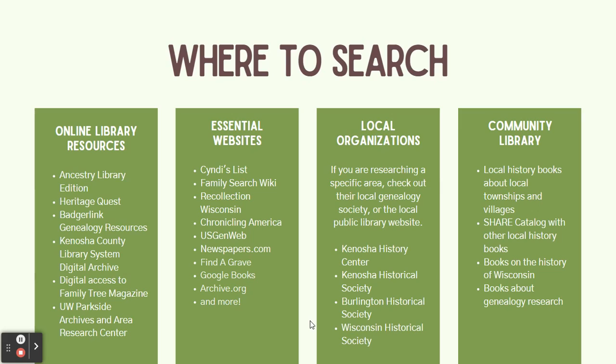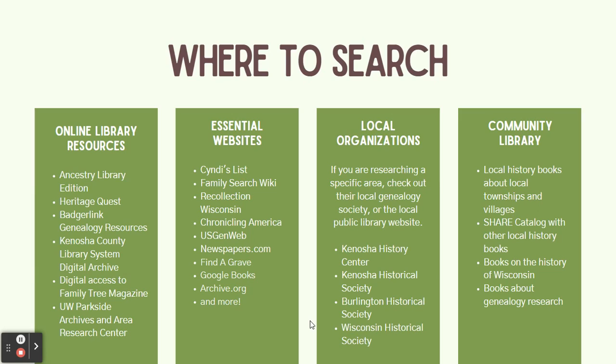And there's a couple of fun essential websites. One is Cindy's List. This is an index of genealogy websites. If there is a genealogy website, it is probably referenced on Cindy's List, and it's all categorized so you can drill down. Say you wanted to look for Wisconsin birth records, you'll be able to find all the websites related to that on Cindy's List.